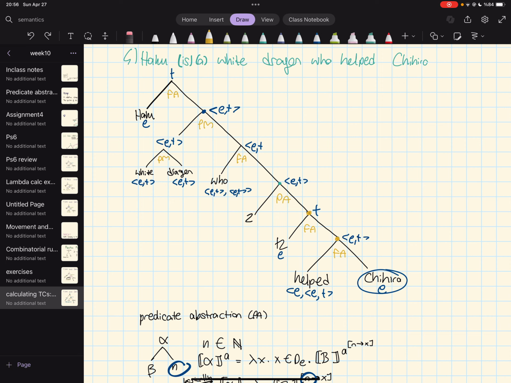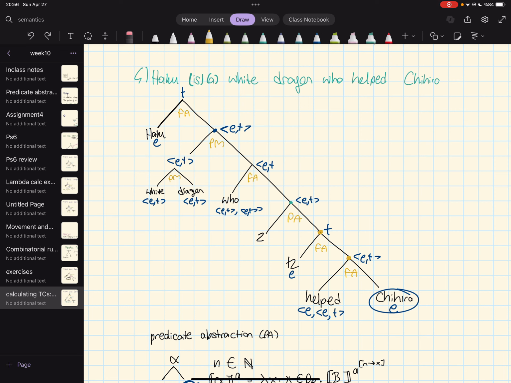We have so many FAs and so many PMs, so for the steps to be easier, I'm just gonna give them numbers. This is not something that Heim and Kratzer suggested, I don't think so, no. But this is something I use to make the whole calculation easier to follow. So I'll call this FA1, FA2, FA3, FA4, PM1, PM2.